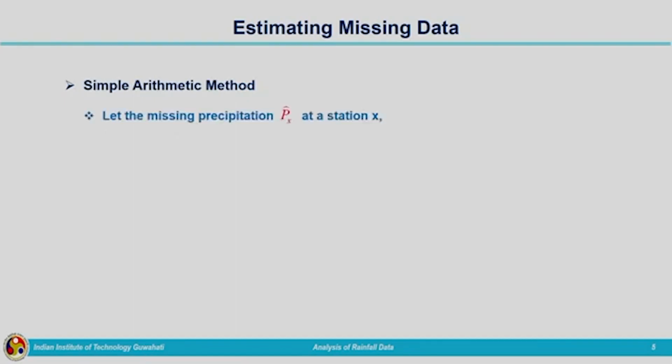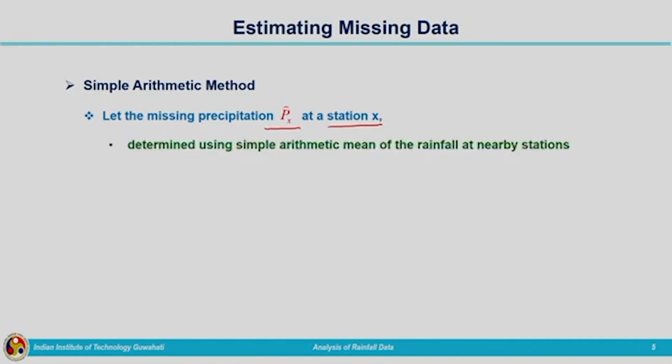In this, we assume the missing precipitation to be Px at station x, where the data points are missing, and it is determined using the simple arithmetic mean of the rainfall at nearby stations. We collect the data from the nearby stations, take the simple arithmetic average, and that is considered as the missing data at this particular station x.